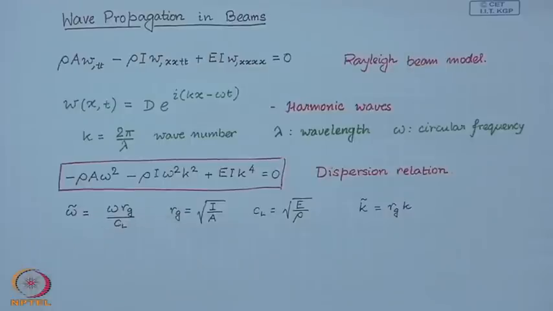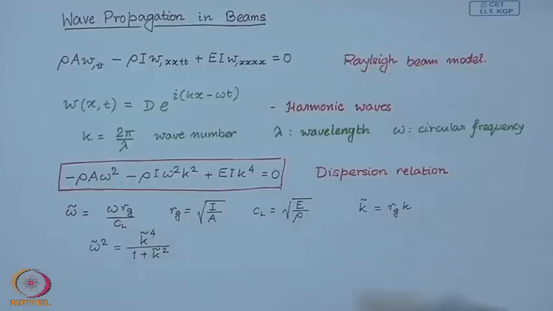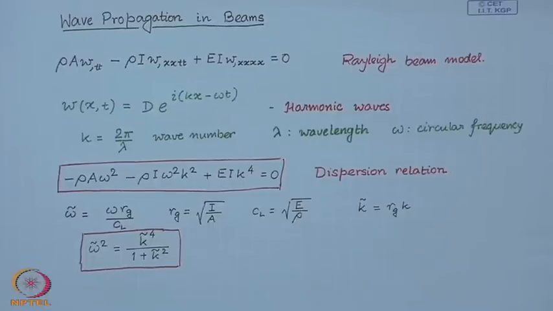With these definitions of omega tilde and k tilde, the dispersion relation can be written as this. So, this is our dispersion relation represented in terms of omega tilde and k tilde, which are non dimensional frequency and wave numbers.